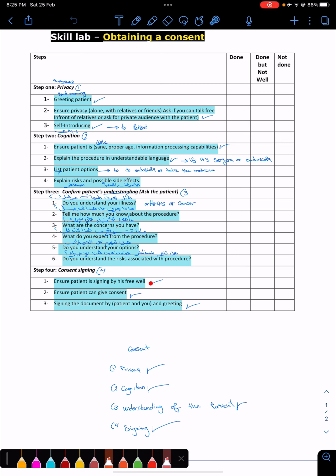No. You just have to explain every single word in a very simple way and ensure that the patient understands your speech. So simple, so easy, and everything will go smoothly. So privacy, cognition, understanding, and signing. That was for obtaining the consent.